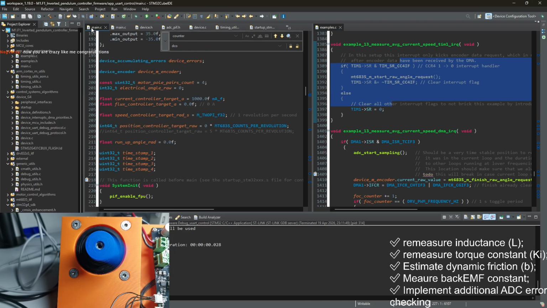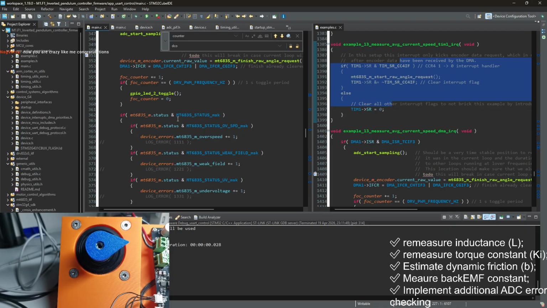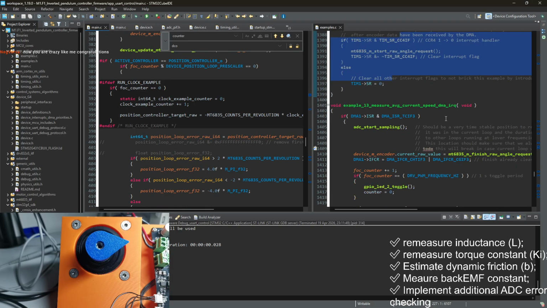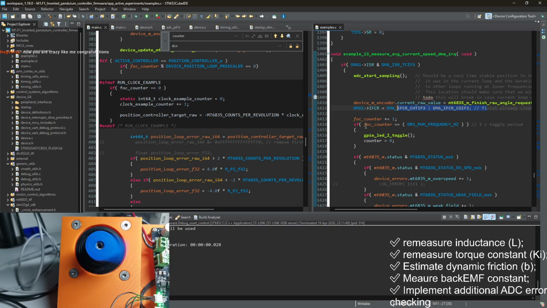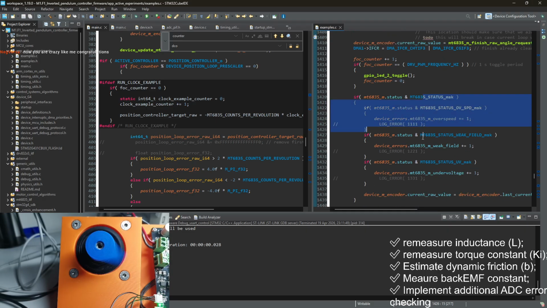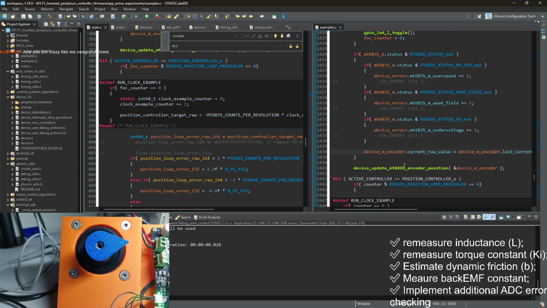So this is functional. What else? Let's see. Finish raw angle request, correct. Clean this, correct. FOC counter here. Check errors. Calculate this, correct.